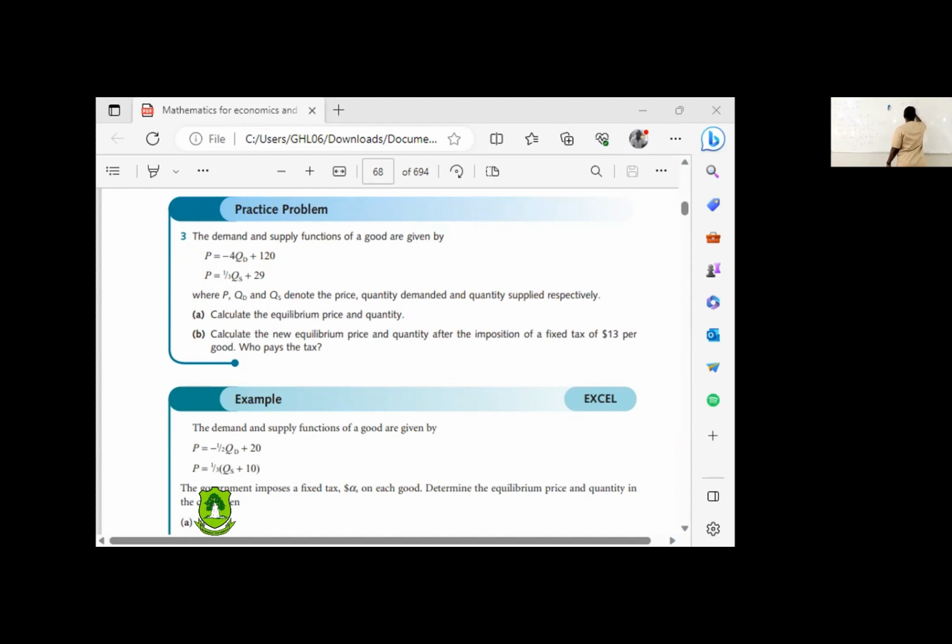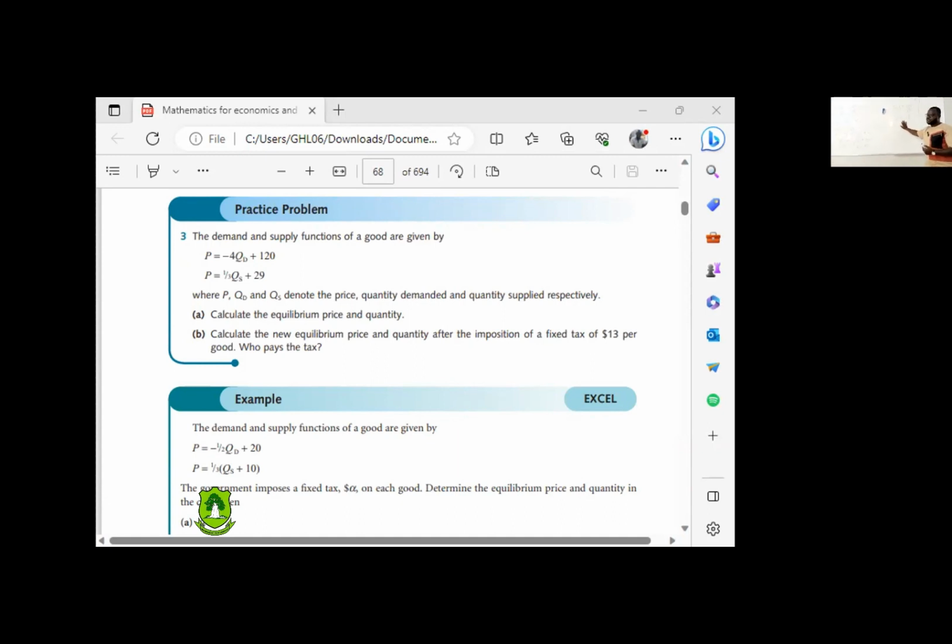So divide here by 13, divide here by 13. So Q will be 21. So our quantity supplied and quantity demanded at equilibrium is 21. This is demand, this is supply, and this particular quantity is 21. Are we together? Okay, good. So we have found quantity.